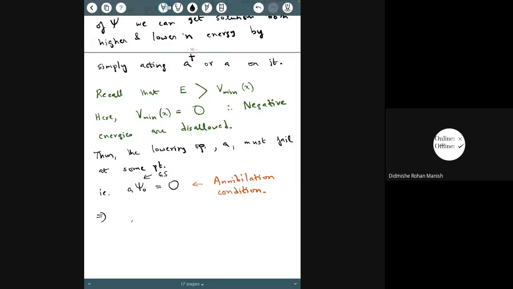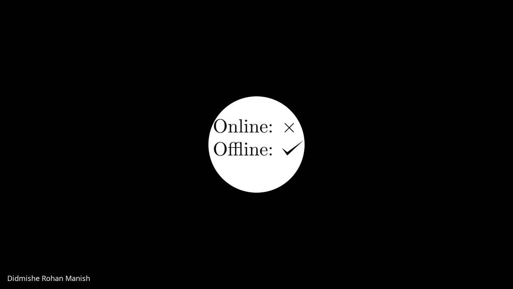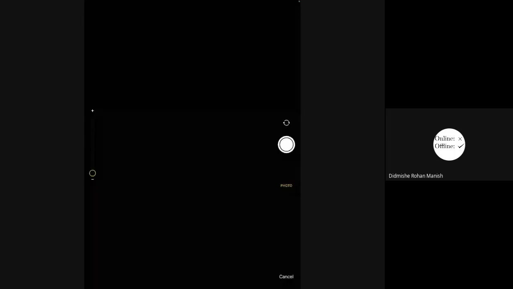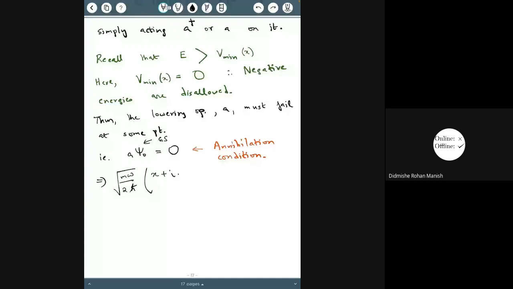So we know A is square root of m omega by 2 h cross times x plus p over m omega, equal to 0. The non-zero constant I can remove.